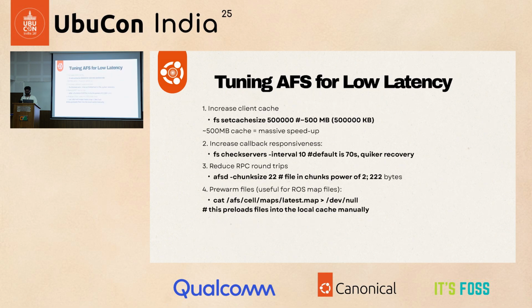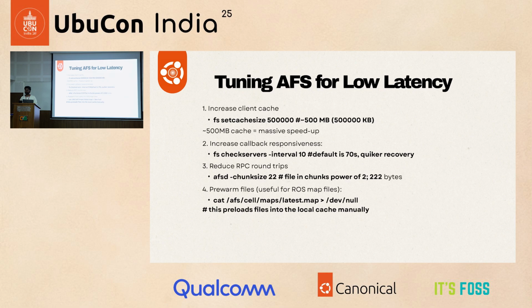We'll be tuning AFS for low latency. How will we do that? We'll increase the cache size. I have personally used a cache size of about 600 MB in our project, and decreased the callback timeout. By default it's around 70 seconds, but we have given a 10-second query for the callback to decrease the recovery time.